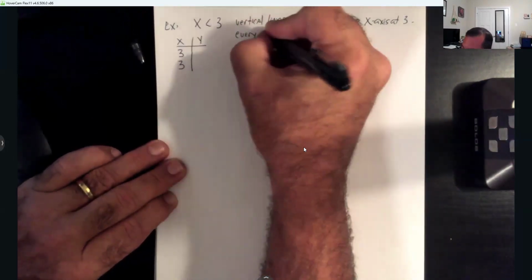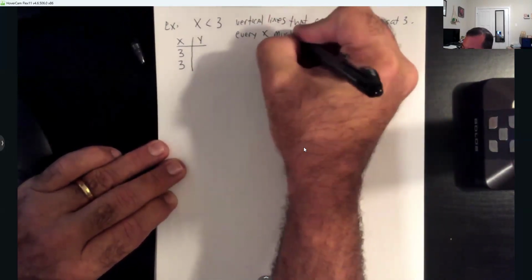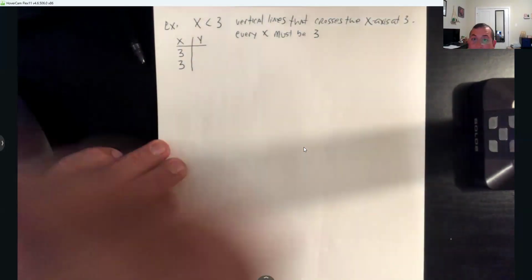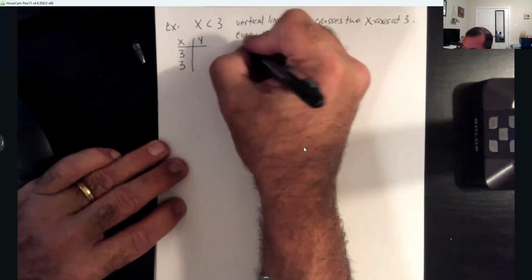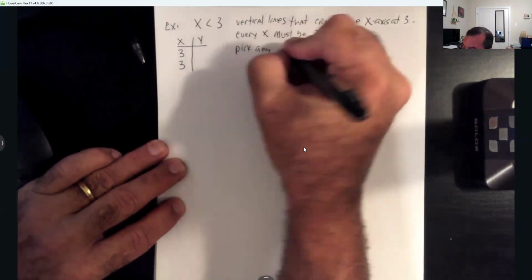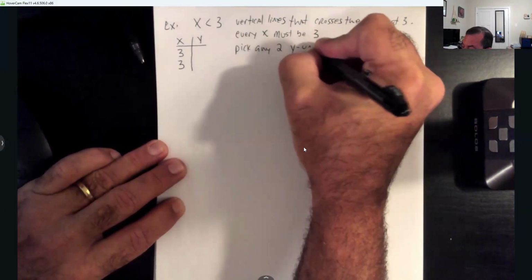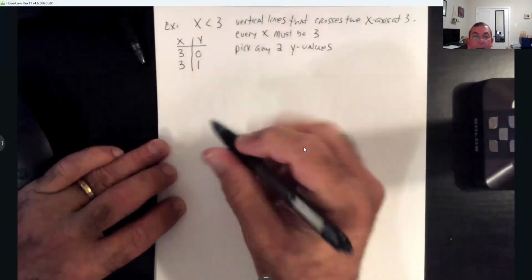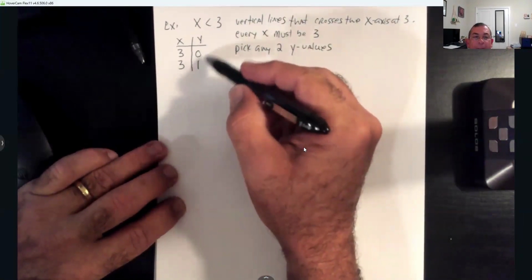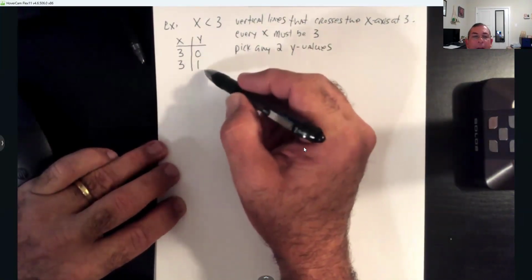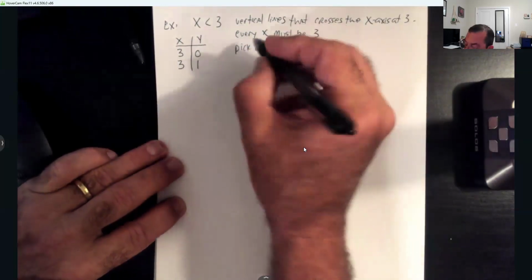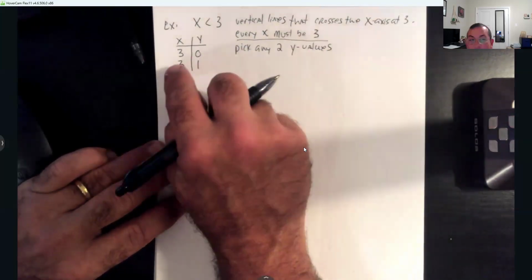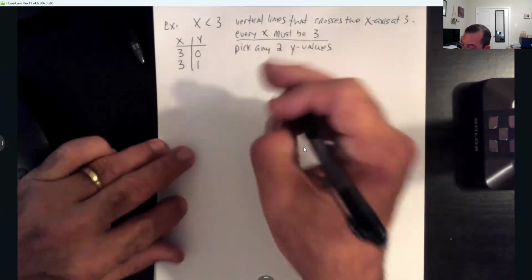Now, you can pick any two y values. I can use 0 and 1 for my y values. I could use 1 and 2, -5, -6. It don't matter. What matters is that every x must be 3, okay?